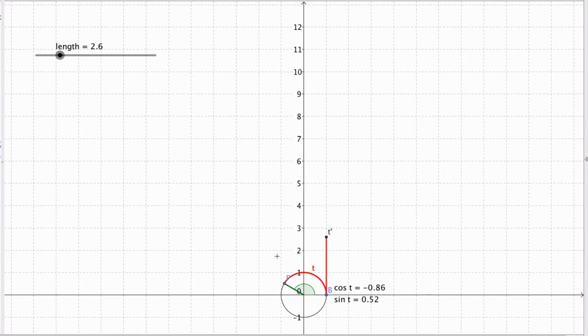In other words, where is point P now? It's here. If we add 2 pi, I'm predicting that because 2 pi is the period, we will get exactly back to the same point. Well, you keep a check on that as I add 2 pi to this 2.6. So 2 pi is 6.3. I need to get to 8.9. You watch P and see if it comes back to the same place it's at now.